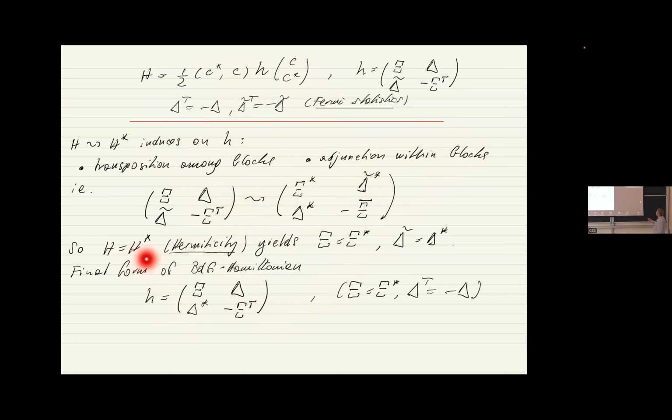And this has to be the same, so to have the Bogoliubov-de Gennes Hamiltonian, there is no redundancy in the formulation because we insisted on the anti-symmetry property here. So this has got to be like that. And as a result, we can drop the delta tilde in favor of the delta, in fact delta star.